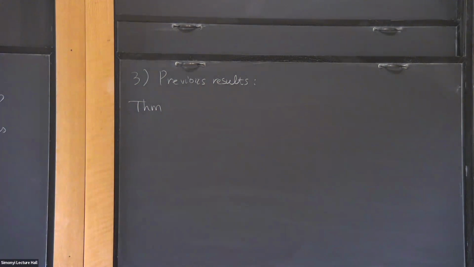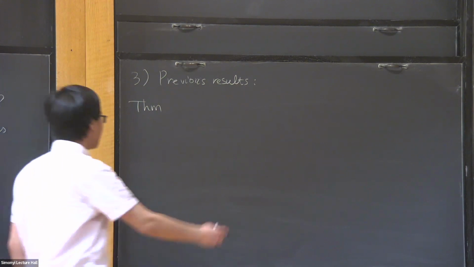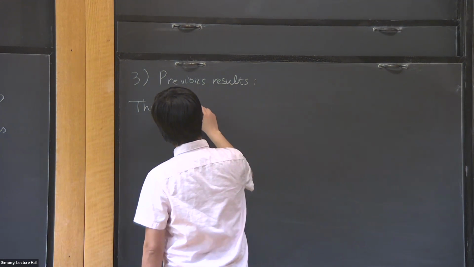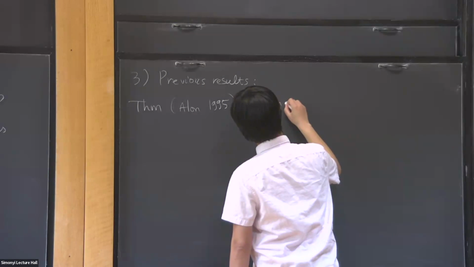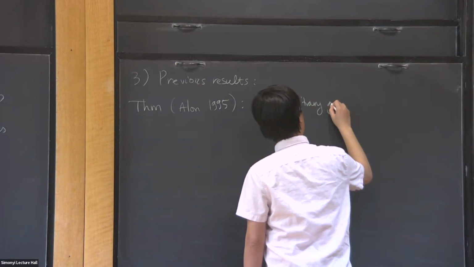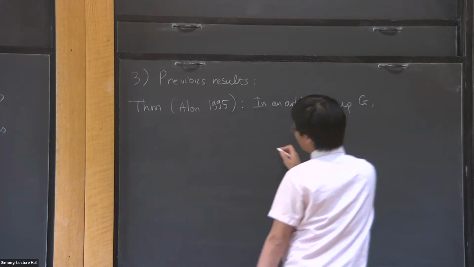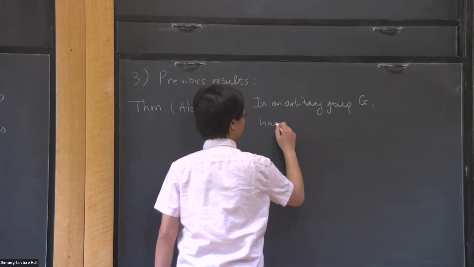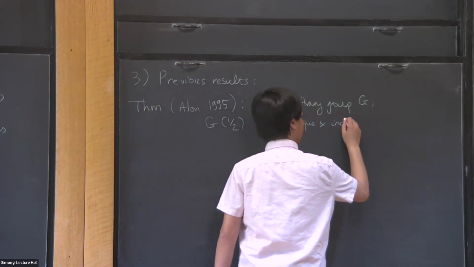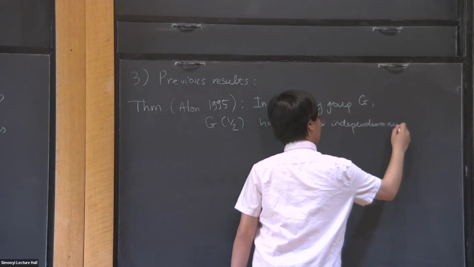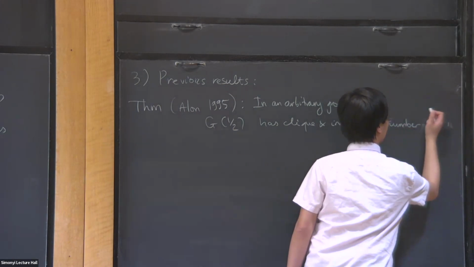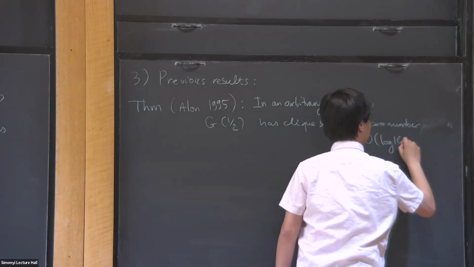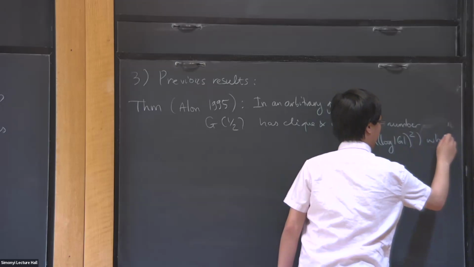The first result regarding the clique and independence number of random Cayley graphs is a theorem of Alon, which says that in an arbitrary group G, the uniformly random Cayley graph G1 has clique and independence number big O of (log the size of the group) squared with high probability.